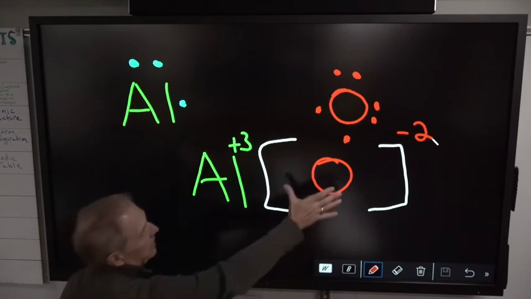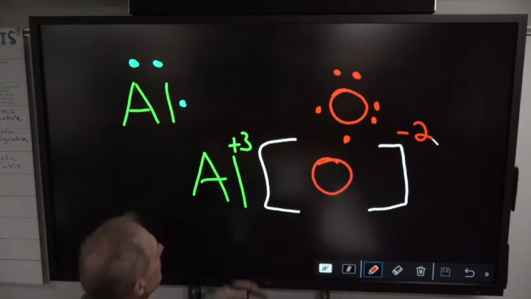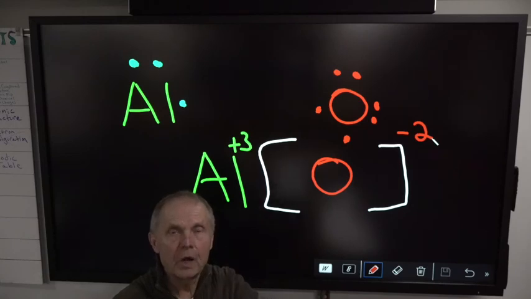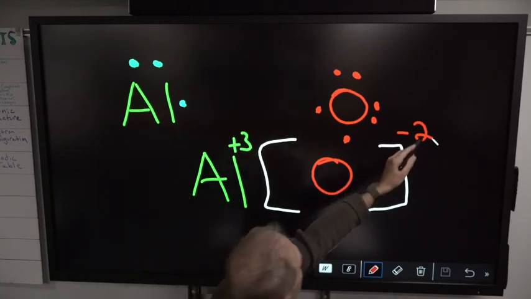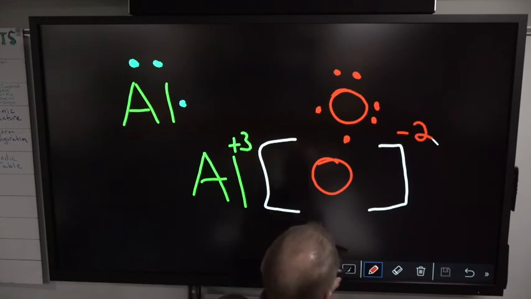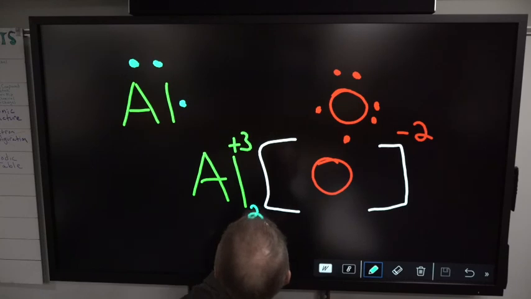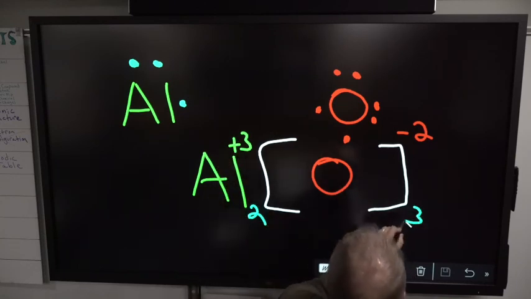So before we put the dots around, we lose 3, we gain 2. How is that possible? Remember, all you have to do is crisscross and drop the signs. So that 2 comes over here, and that 3 comes over here.